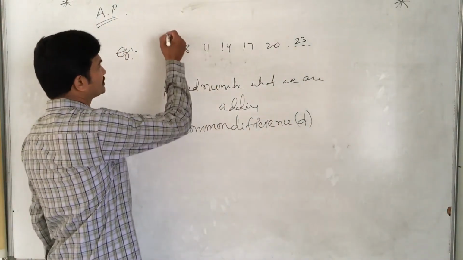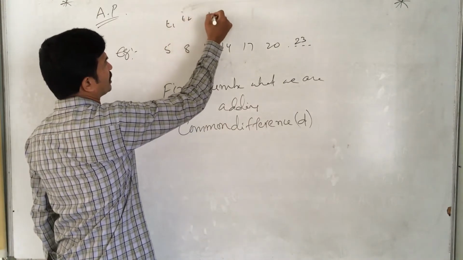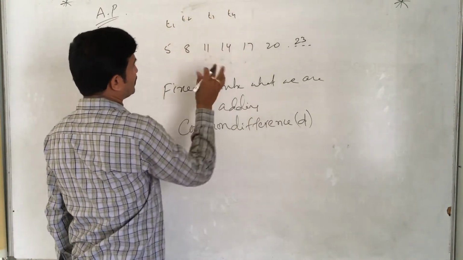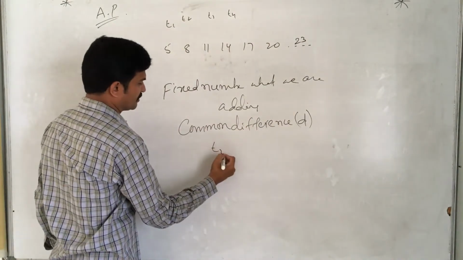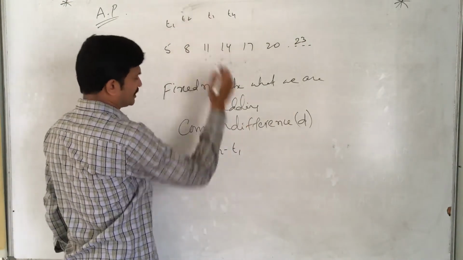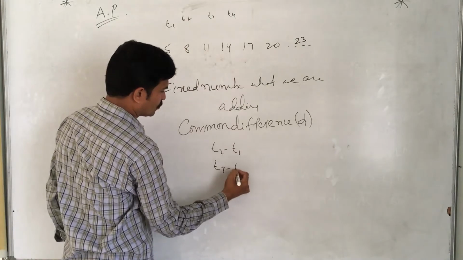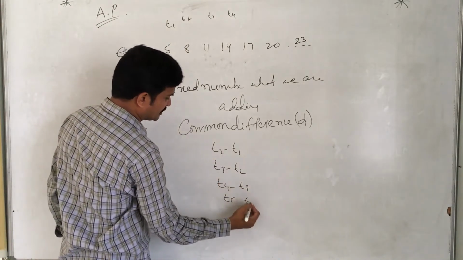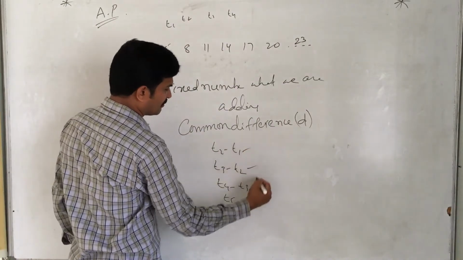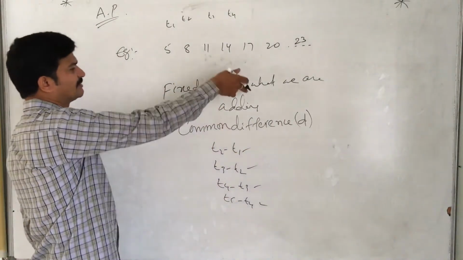That means this is term 1, term 2, term 3, term 4. The differences T2 minus T1, T3 minus T2, T4 minus T3, T5 minus T4 are all the common difference, and all these values should be the same.